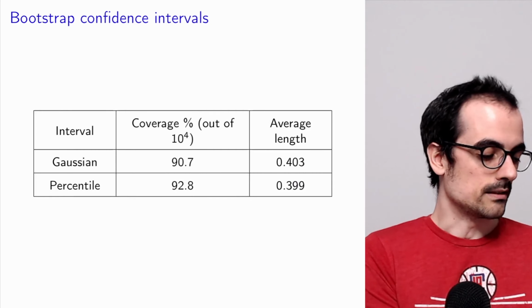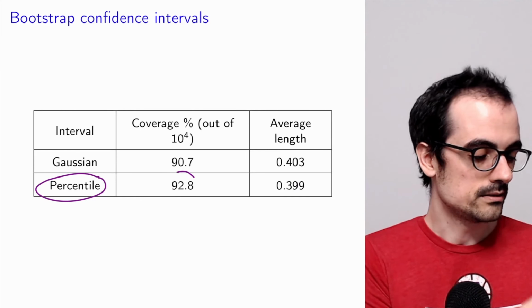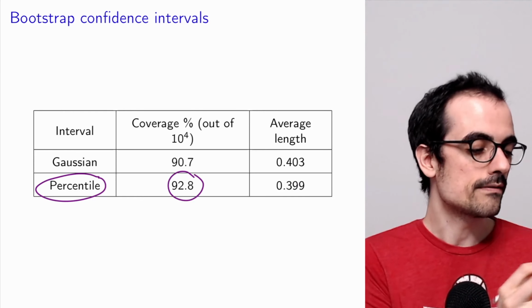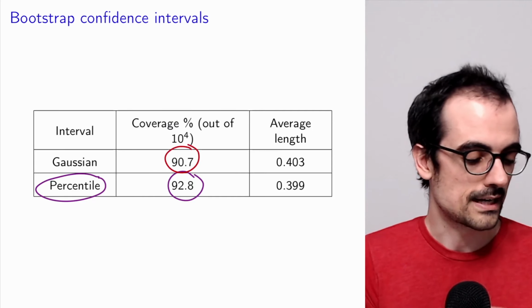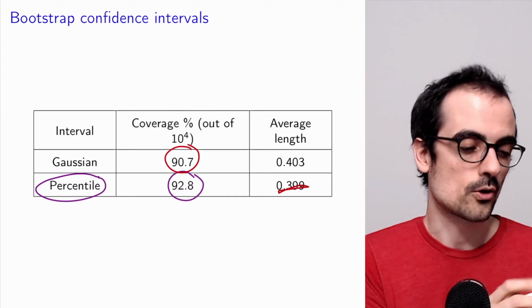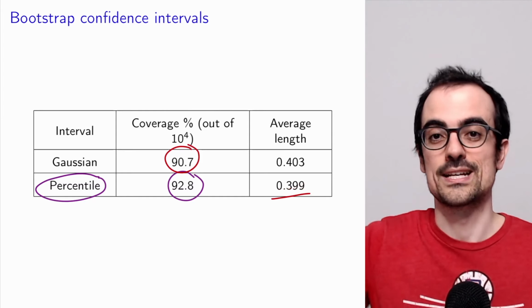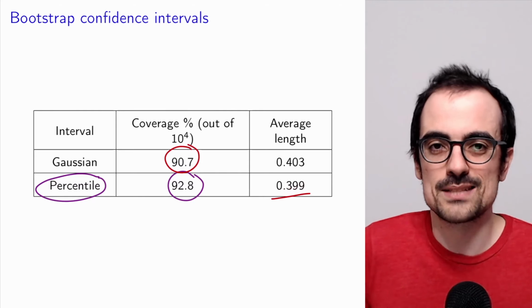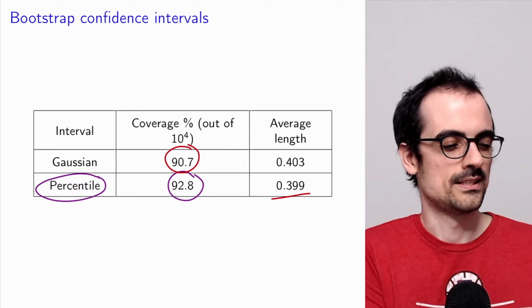In fact, we get better results with the percentile confidence intervals. They contain the true correlation coefficient more often than the Gaussian confidence intervals when n equals 25, and they're a little bit shorter, because of course you can always contain the population parameter with high probability if you use extremely large confidence intervals, but those are not very useful because they don't quantify uncertainty as well.